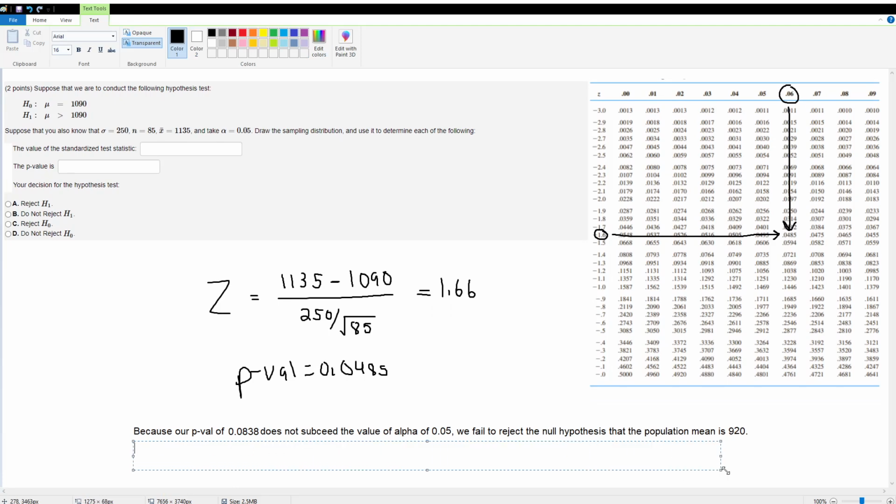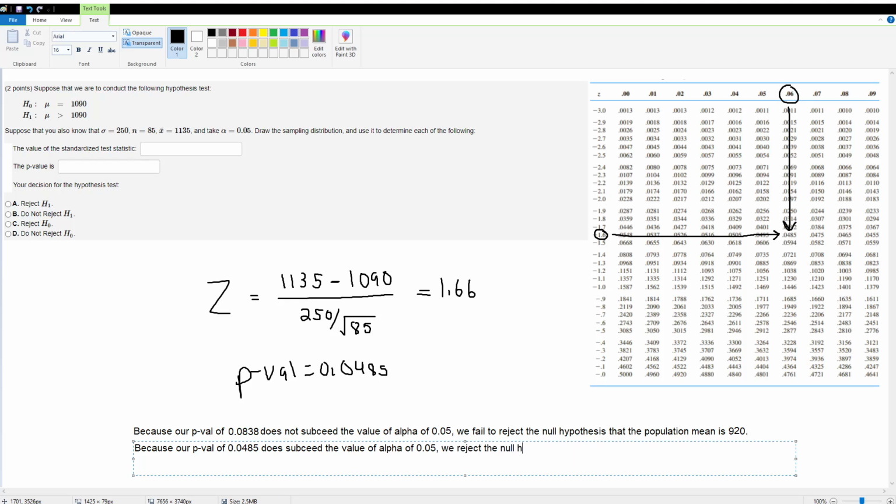And so for this one, for our wording, because our p-value of 0.0485, and if you want to, you can put value instead of just val, both are fine. This time, because it does succeed or falls below the value of alpha of 0.05, we reject the null hypothesis that the population mean is, in this case, 1090.